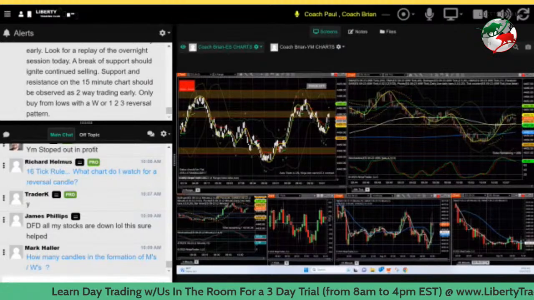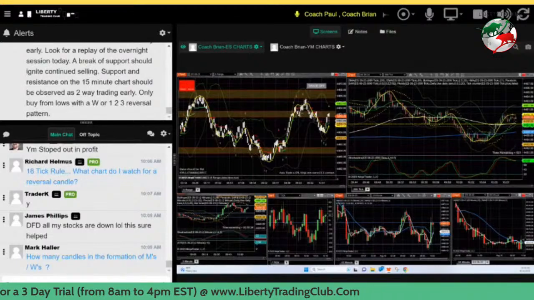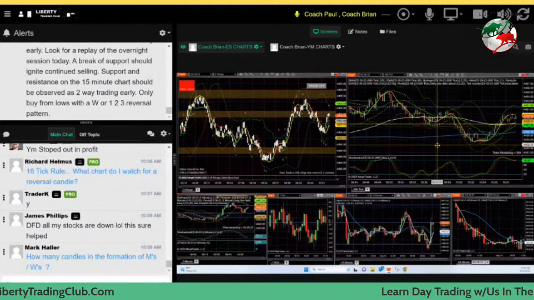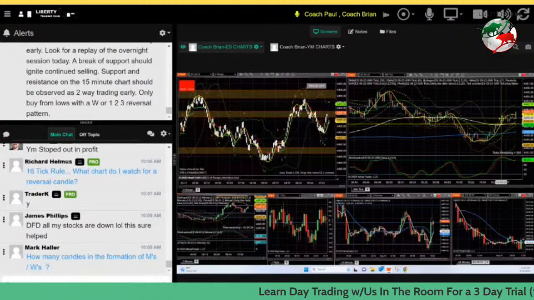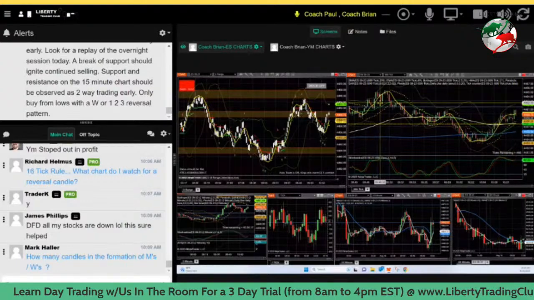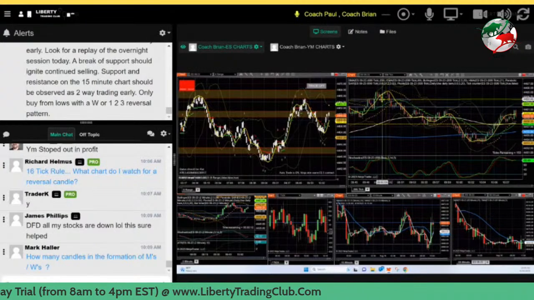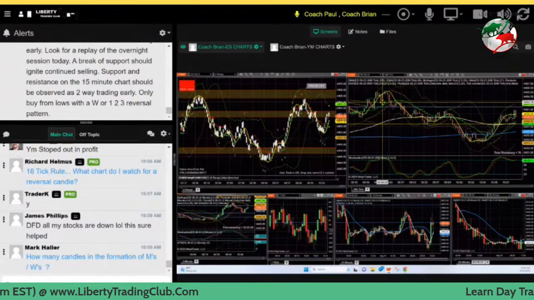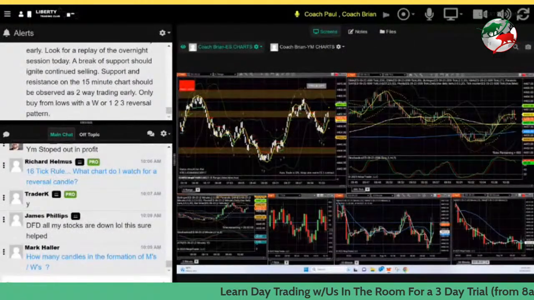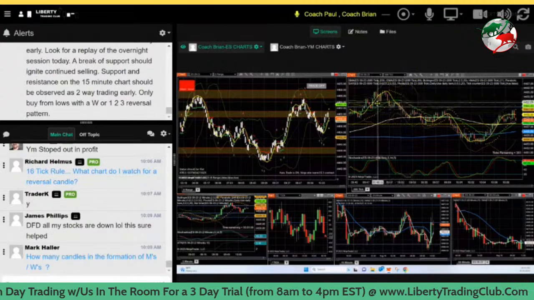One for the day. That's a good question, Mark. So a lot of times you're going to see a little bit of consolidation on the ES, and it will be a wonky looking M. It won't be as clean as this 9 candle M. So somewhere between 5 and say typically 10 candles on the tick chart on the ES.